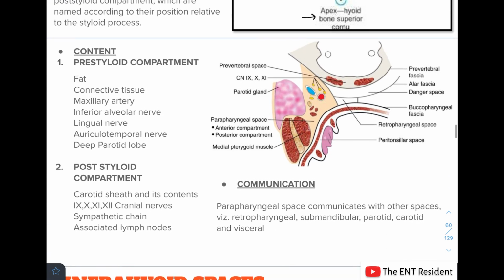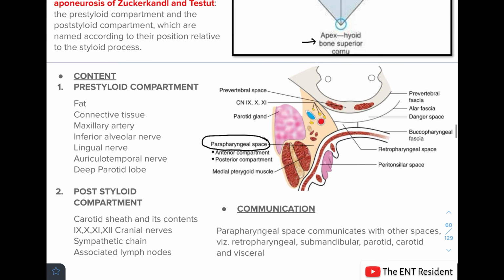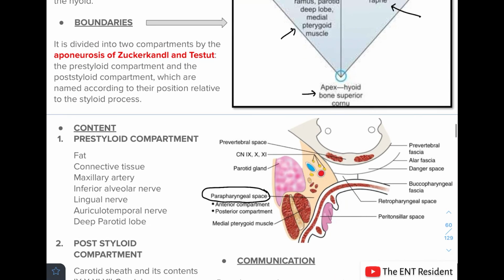You can see over here in this picture, this here is the parapharyngeal space. You can see how medially it is lined by the oropharynx and the nasopharynx, and laterally lies the ramus of the mandible, medial pterygoid muscle, the parotid gland over here.